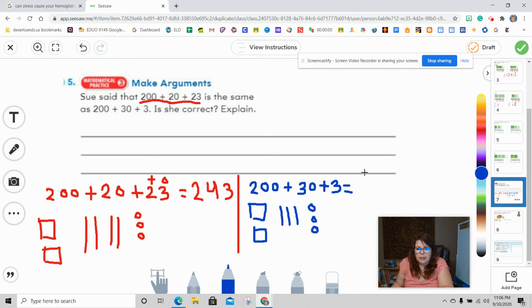Equals, I'm going to put HTO. So I have 2 hundreds, 3 tens, and 3 ones. Now, is she correct? Well, she's not correct because in this equation, she has 243. And on the second one, she has 233. So she is not correct.